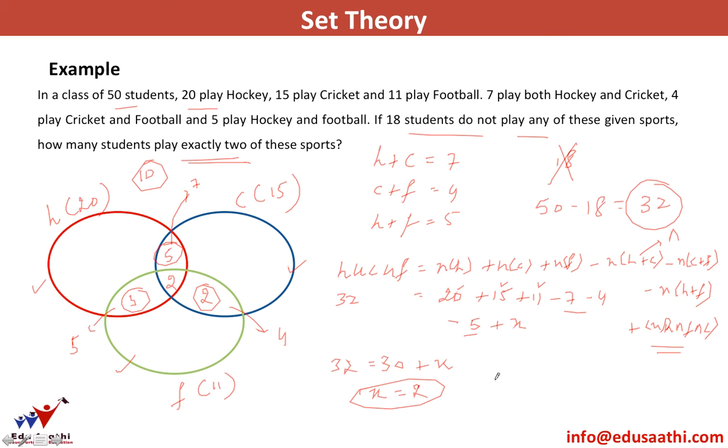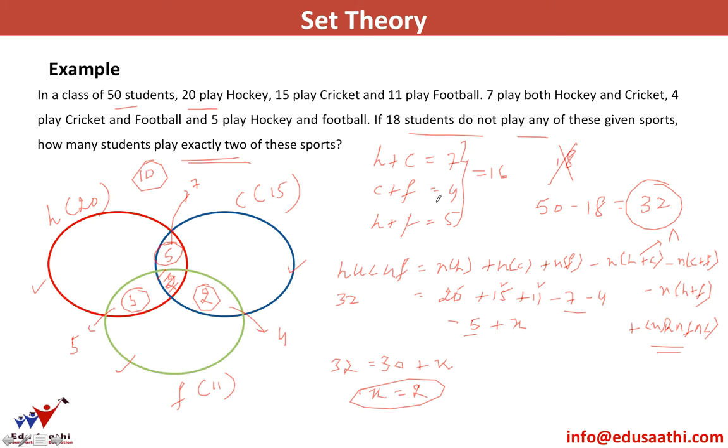Also, you can find it out from another method. Once you have that two people play all the three sports, you can add all of them. You add all of them, what do you get? 7 plus 4 is 11, plus 5 is 16. Now in this 16 you've counted this 2 three times, because H plus C also has this shaded part counted, C plus F also, and H plus F also.